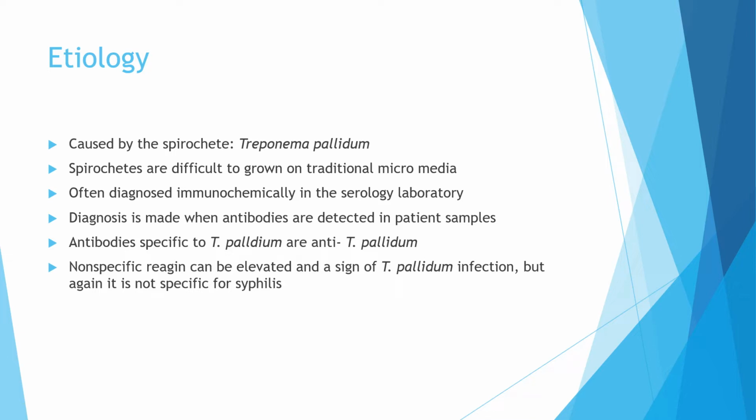It is a nonspecific reagent that can be elevated in things like syphilis, hepatitis, mononucleosis, and things like that. So syphilis is caused by Treponema pallidum, and we can look for syphilis by screening, doing the RPR test, or by a confirmatory test known as TPPA. There's also a fluorescent antibody test for Treponema pallidum as well.